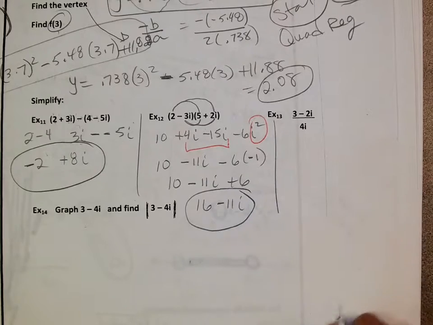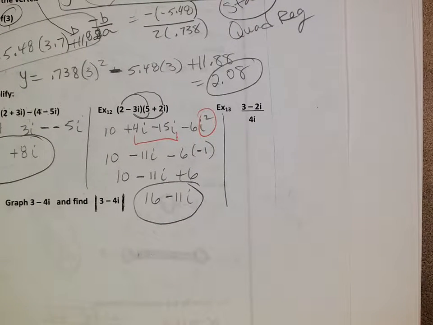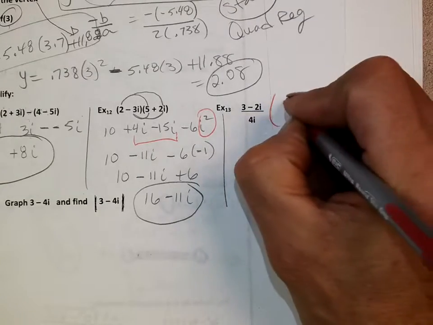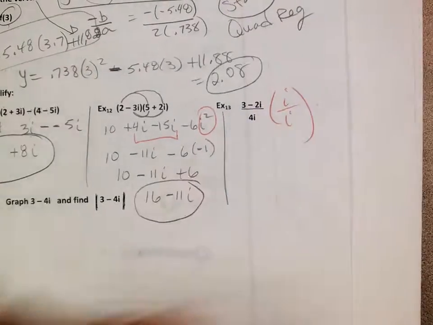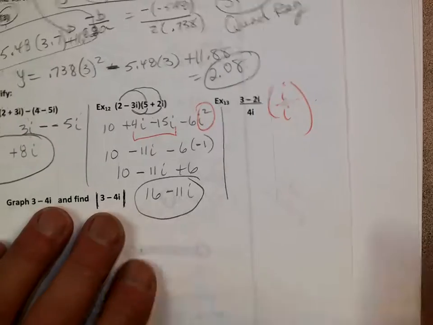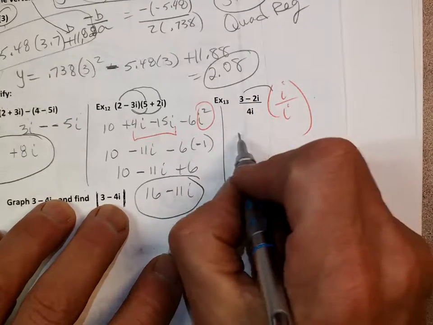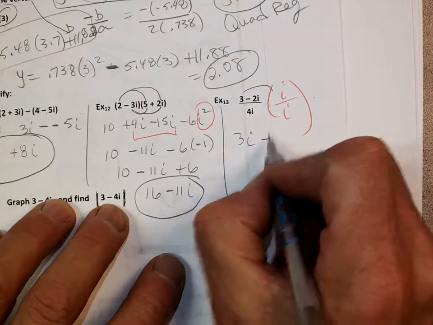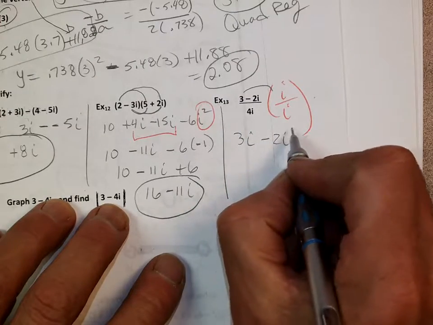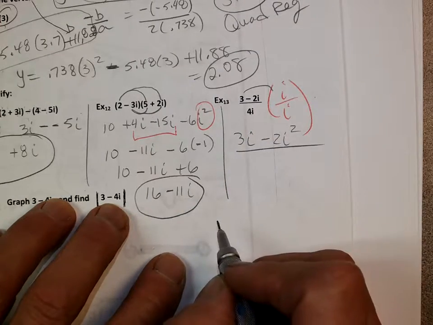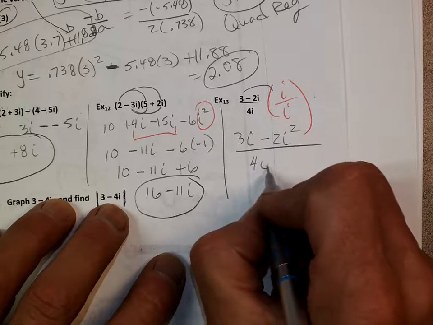13. We're almost done. Can't have i in the denominator, so we multiply both top and bottom by i. So I'm just going to go i over i. Let's see how that helps. I'm going to distribute. I'll get a 3i minus a 2i squared over a 4i squared.